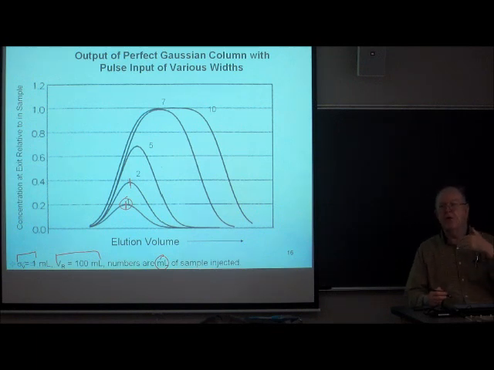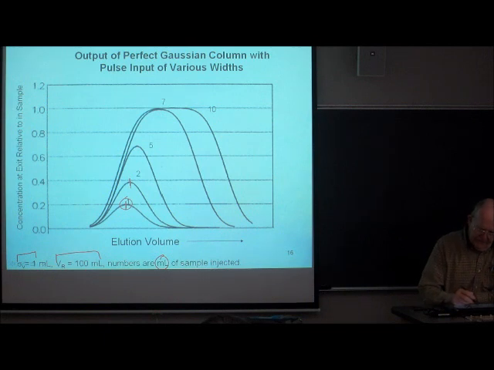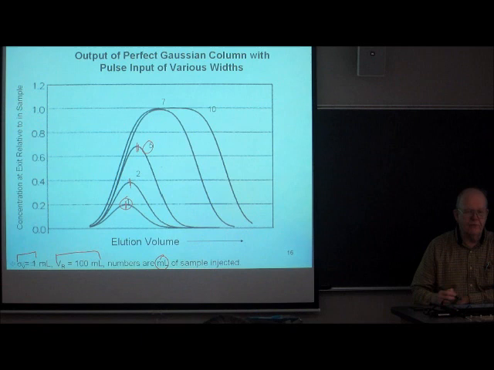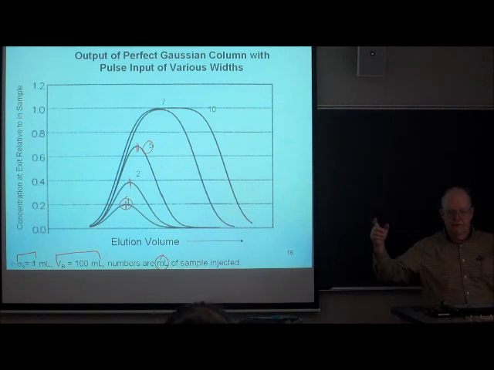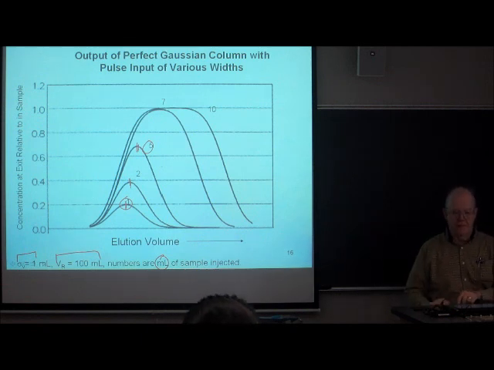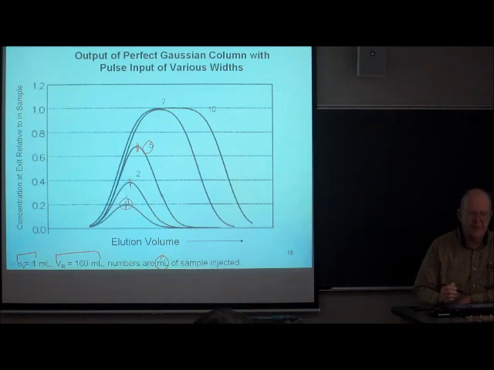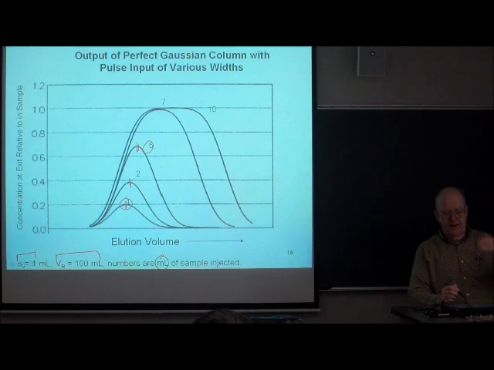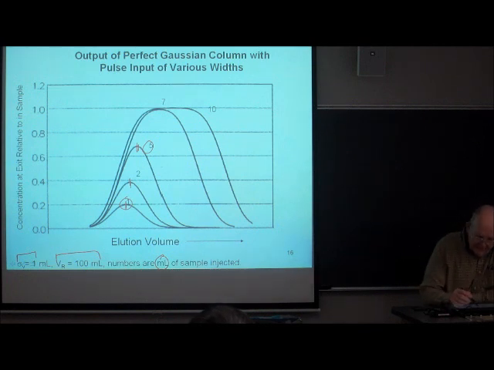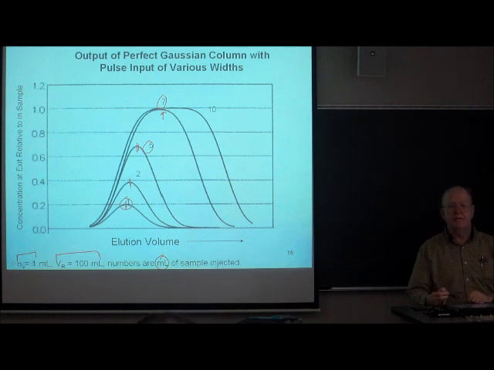Now, if I inject more, and I go up to this situation where I've injected 5 mLs, this peak maximum is out further, the width is increased more. But notice, this peak is not twice as big as this peak. It's somewhat less than twice as much. If I inject 7 mLs, that's this peak here.